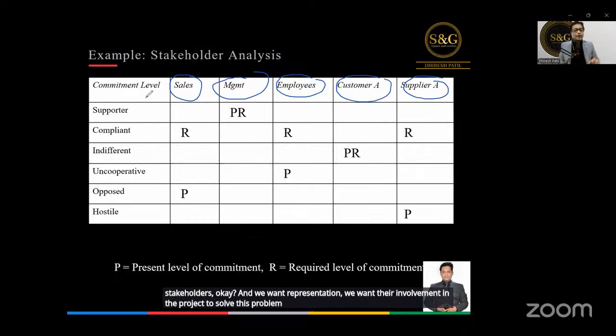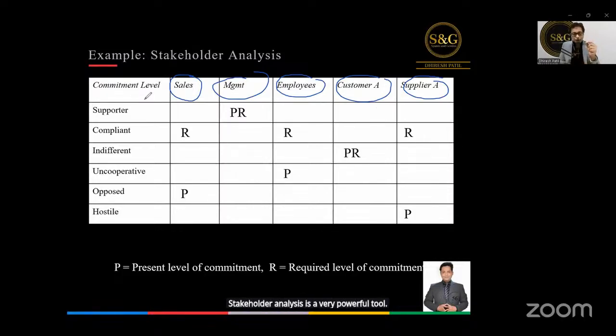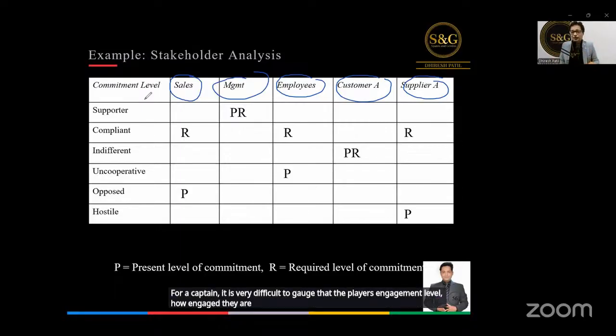Now, stakeholder analysis is a very powerful tool to gauge how much they are engaged in the project. For example, cricket is a team activity, right? For a captain, it is very difficult to gauge the players' engagement level. It's very subjective, isn't it?